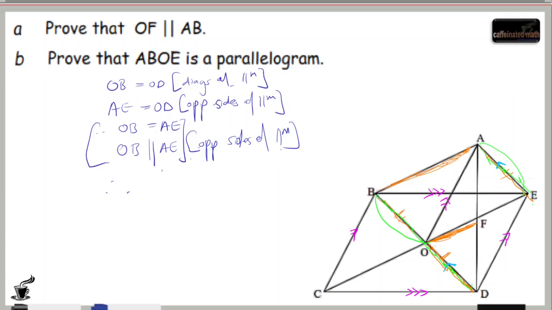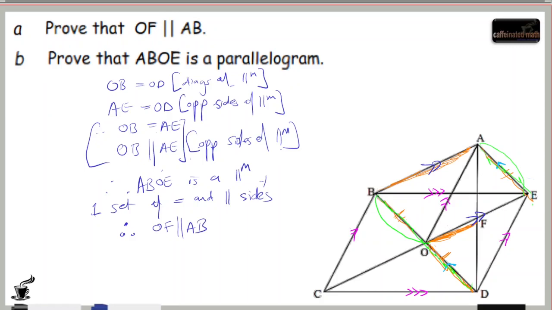So therefore, I can say that ABOE is a parallelogram. Why? One set of equal and parallel sides. Now that immediately makes that line segment parallel to that line segment, and that is my conclusion. Therefore, OF is parallel to AB.